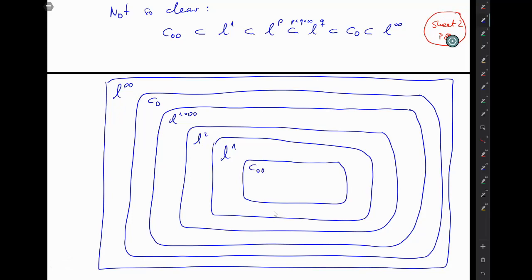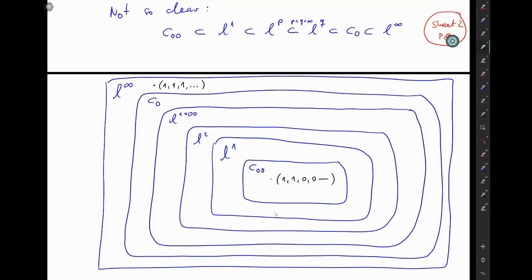It's easy to find examples of sequences that are bounded but not null sequences, like this one, 1, 1, 1, and so on. It's a bounded sequence, so it's in L infinity, but it's not in the others. Okay, well here you have 1, 1, and then all the rest is 0.